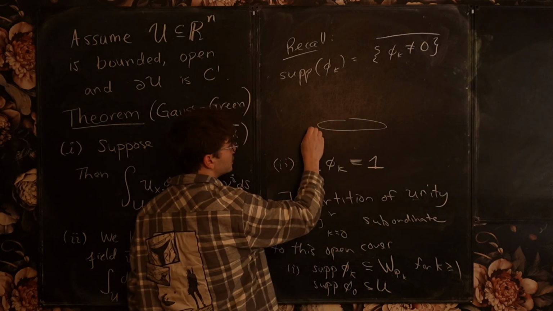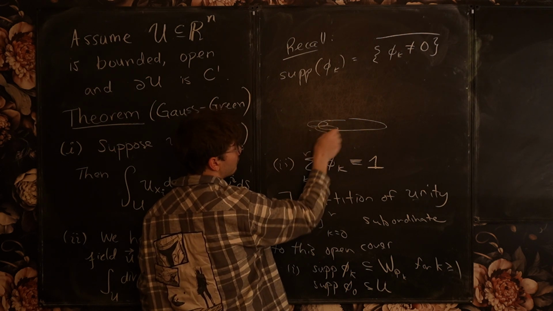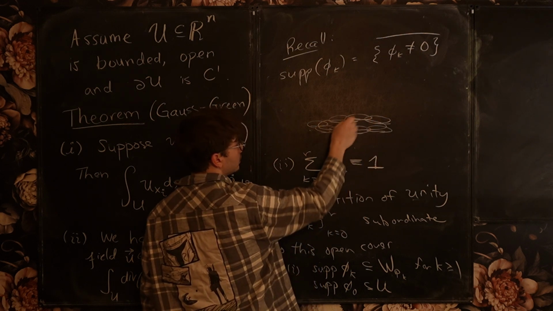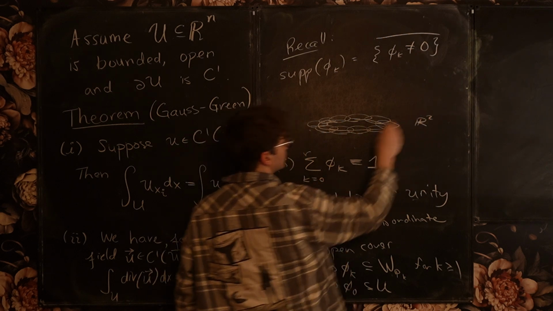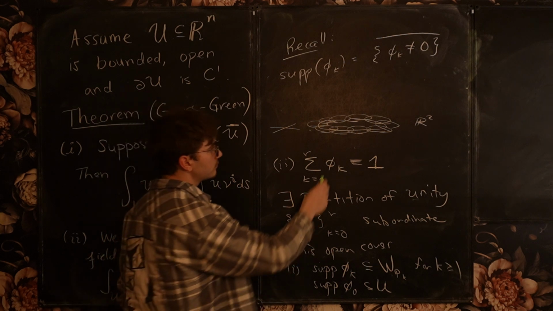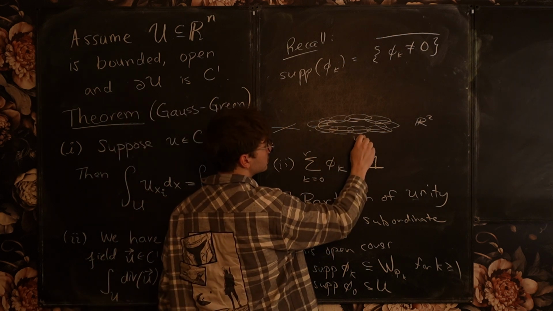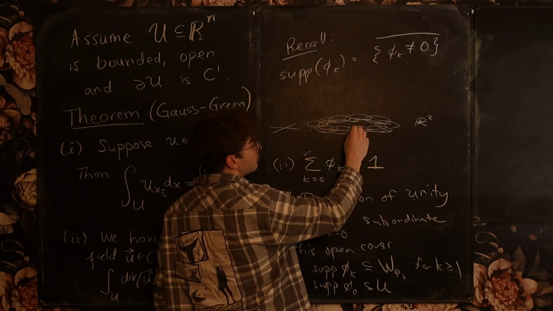Now I'm visualizing R2, our construction that we currently have in R2. Here's the plane, and each of these W_pk's has an associated bump function.